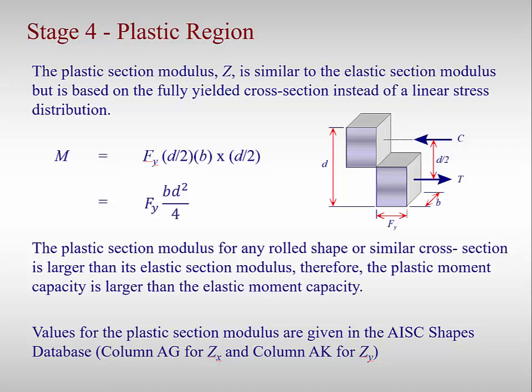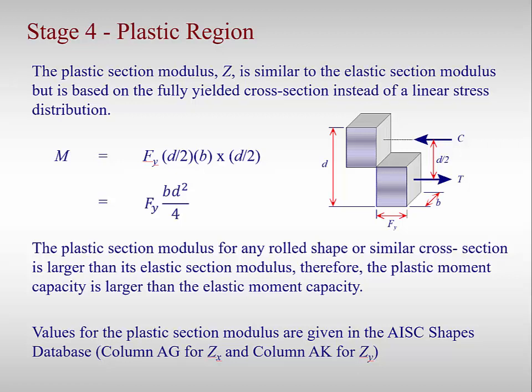Similar to the calculations we did for an elastic stress distribution, you can determine the moment capacity of a fully yielded rectangular cross-section by integrating the stress distribution over the cross-section and calculating the couple that forms. When doing this, the collected terms, other than the yield strength F sub y, give you the plastic section modulus Z. Note that the plastic section modulus is 50% greater than the elastic section modulus for a rectangular cross-section.